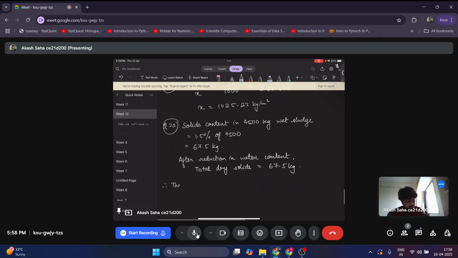Therefore, the percentage of solid content in the thickened sludge, how we will find out? What is the total? That is 1100 will be equal to 100 by x, because we don't know the percentage, into 67.5 kg.